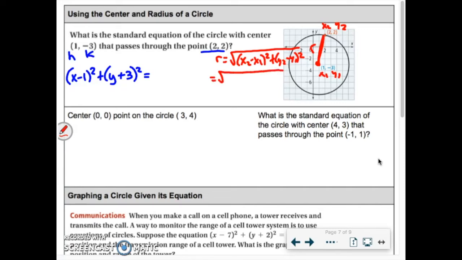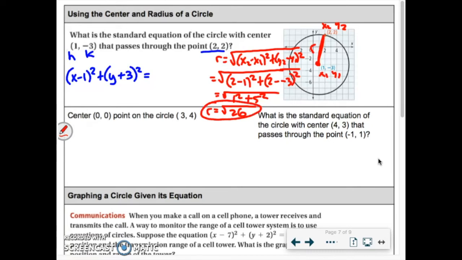That's the square root of, if you subtract the x's, that's 2 minus 1 squared. If you subtract the y's, that's 2 minus negative 3 squared. Okay? So that means we have the square root of 1 squared plus 5 squared, or the square root of 26. Okay? So r is the square root of 26.